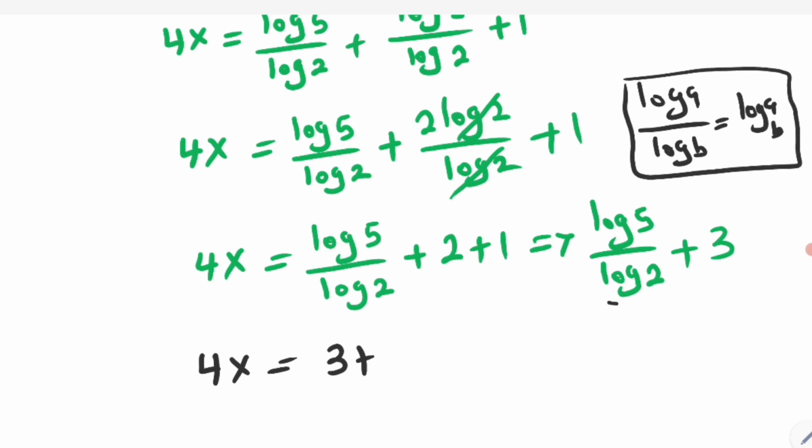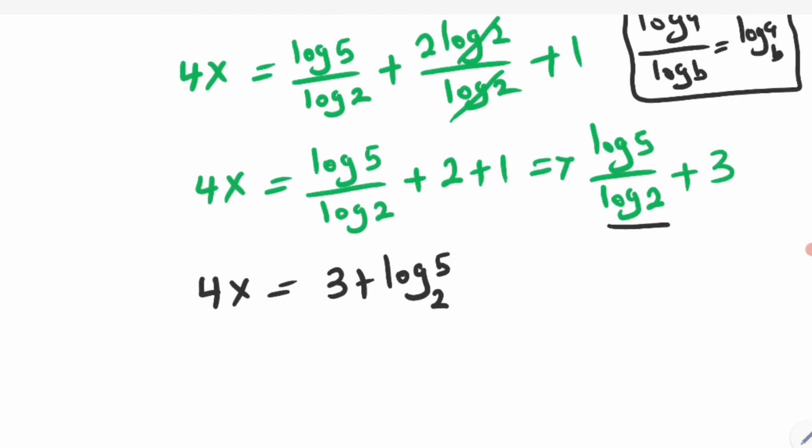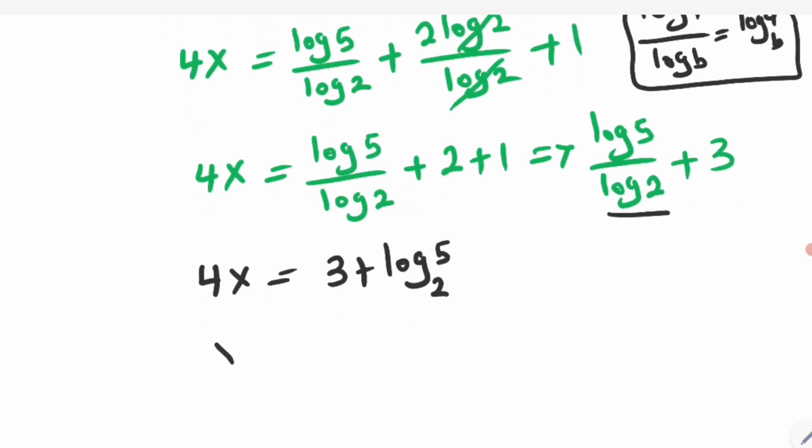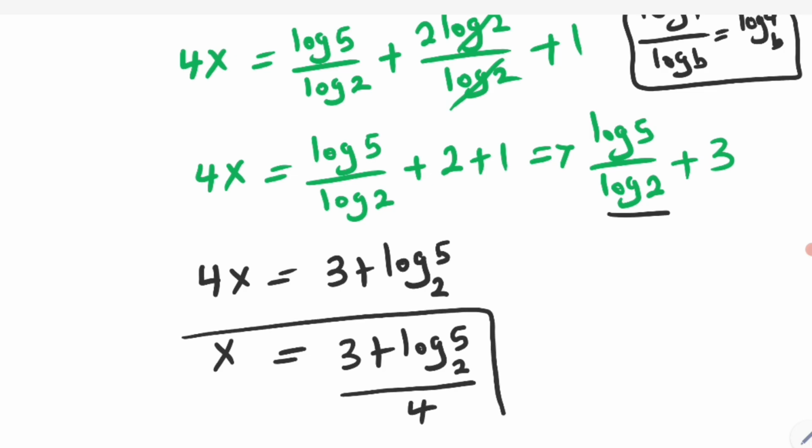Then the whole of this can be written as log 5 base 2. x will be equal to 3 plus log 5 base 2 divided by 4. And this is the final answer.